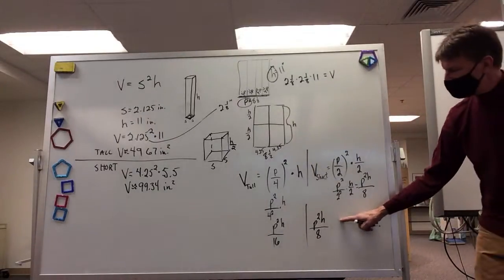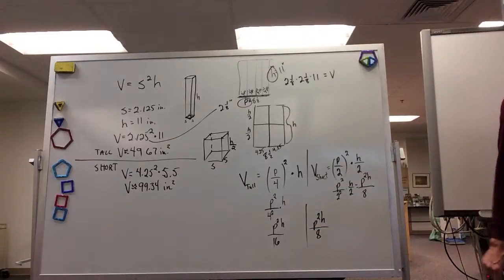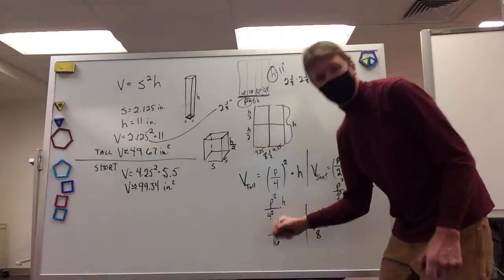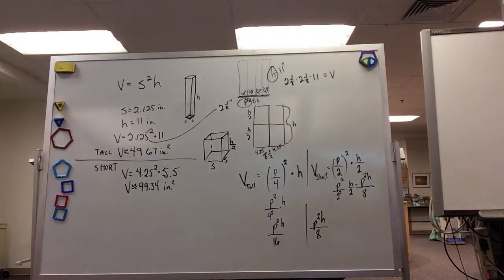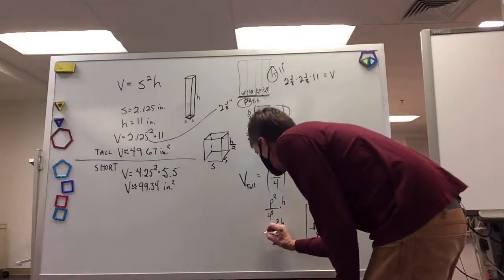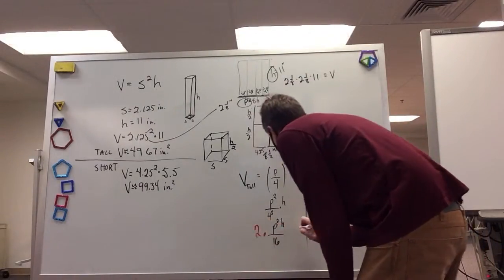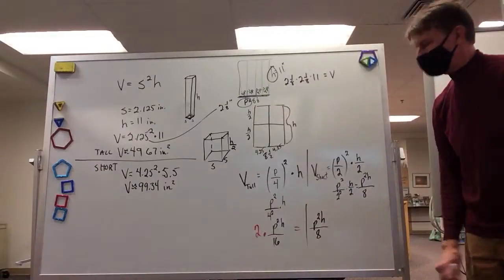So is this number 2 times as big as this? No. Or yes. So in other words, if I took the one on the left and multiplied it by 2, will it then be equal to this?